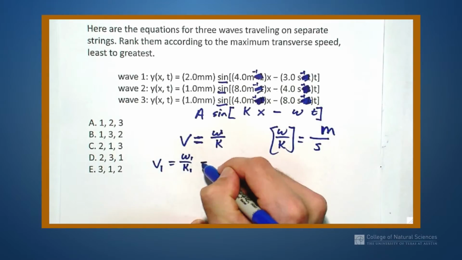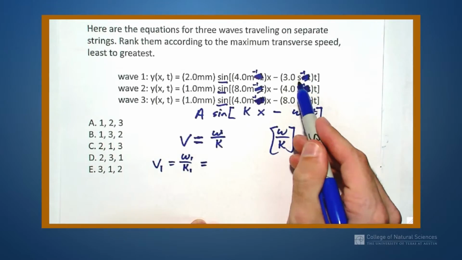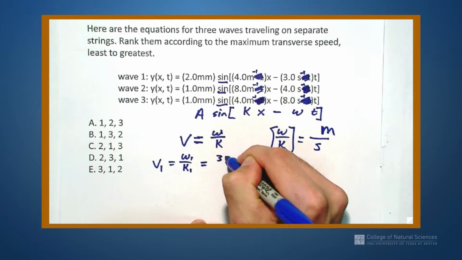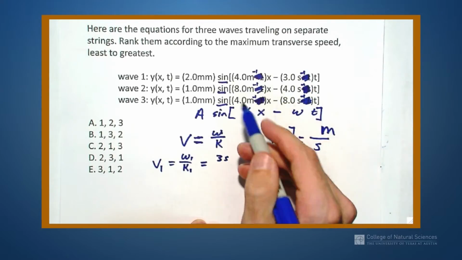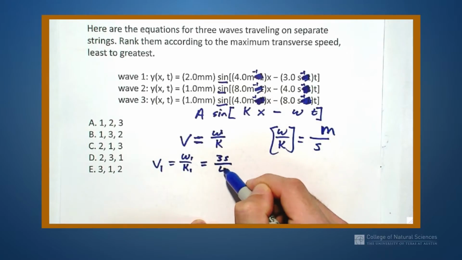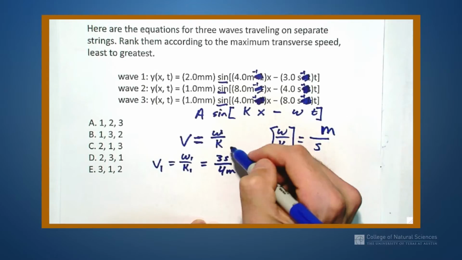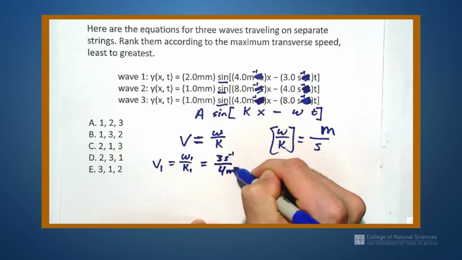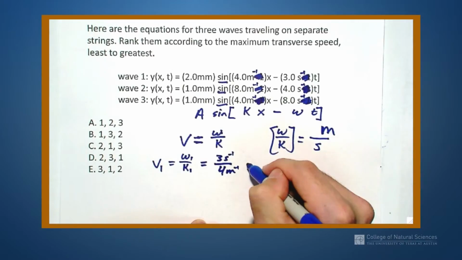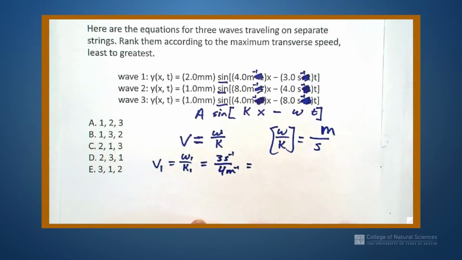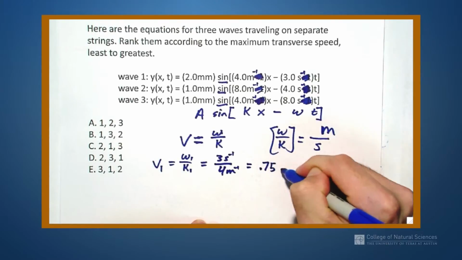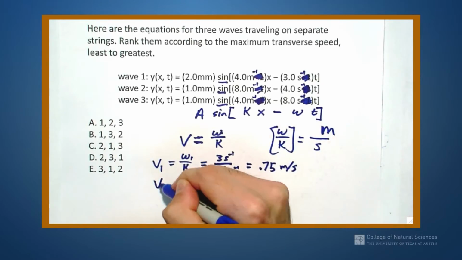So I need to know what my omega 1 is. It's 3 inverse seconds. And my k term is 4 inverse meters, so that my units work out. This gives me 0.75 meters per second.